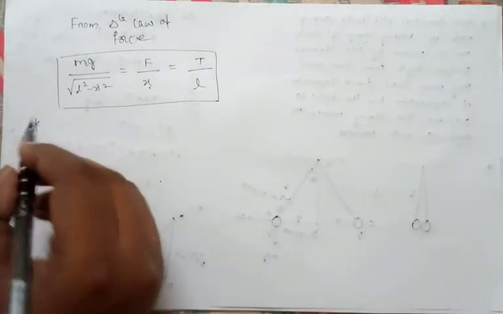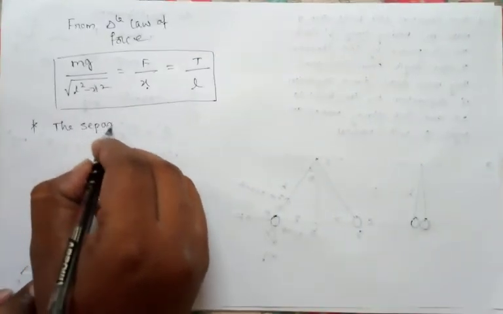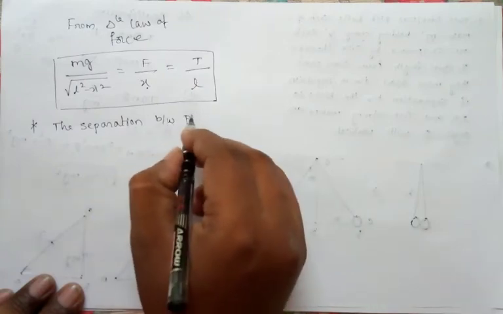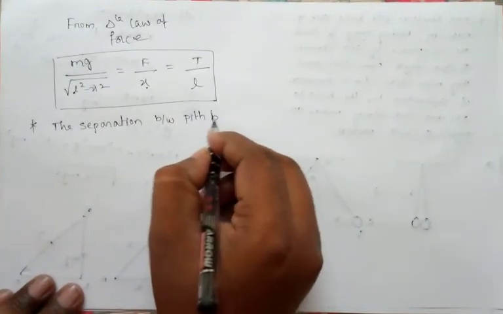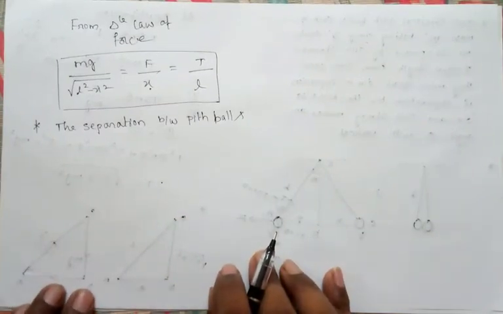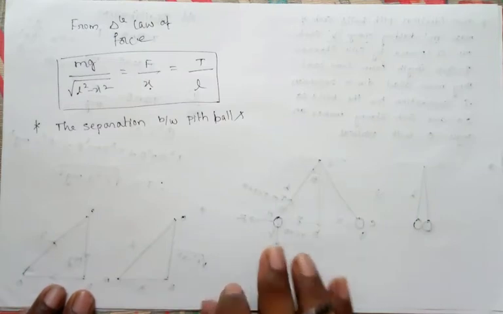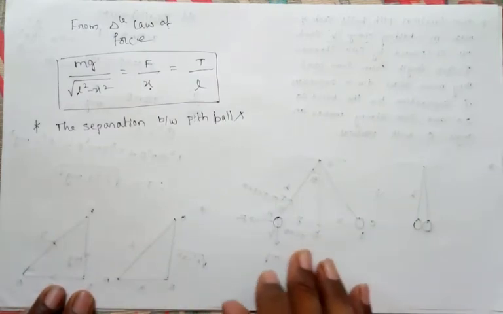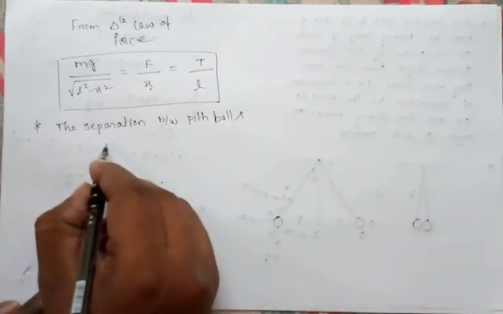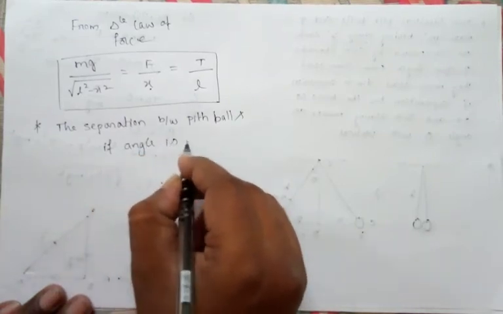The next case is the separation between pith balls. To find the separation we take the angle to be small, because this separation is very small. So I am treating the angle as very small.